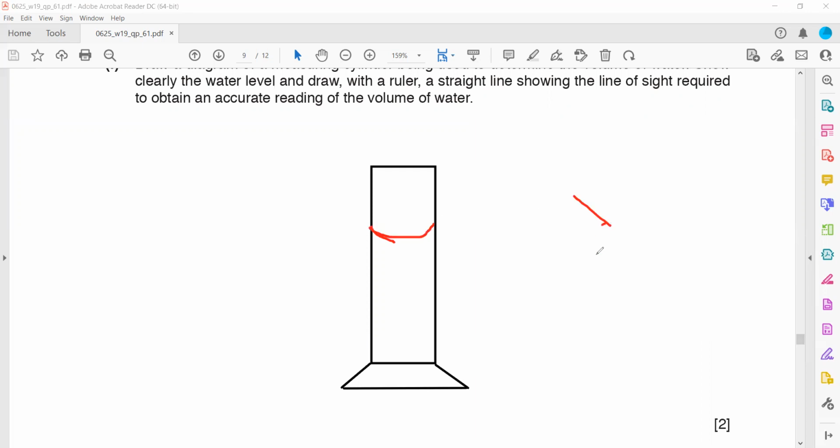And we will avoid a line of sight error by looking perpendicular. The markings should just be markers to show the values, you don't have to write numbers. So this was the figure.